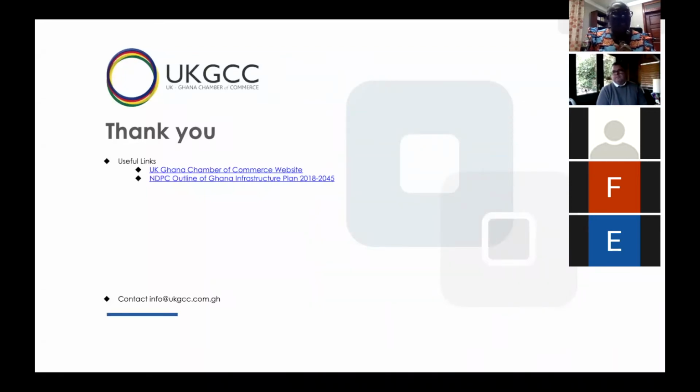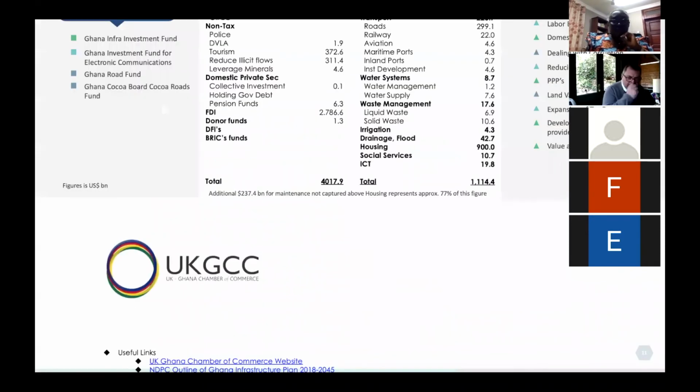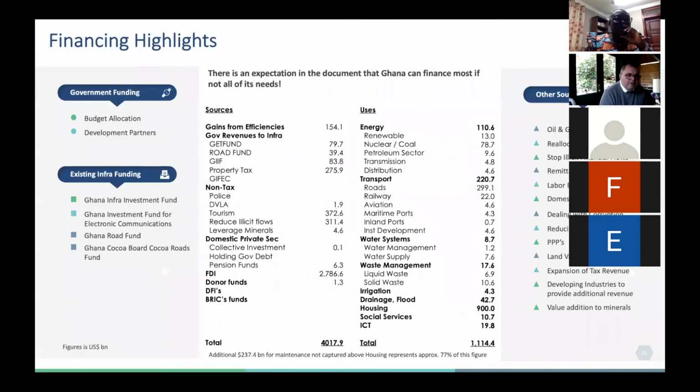Very well, thank you. I also note that these are very big sums. These are billions of dollars we're talking about, and apologies, I joined about 2 minutes late. So how does the government intend to finance these projects? I'll take you back to the last slide that shows where they see the sources of funding coming from. You can see in the top part gains from efficiencies, 154 billion.